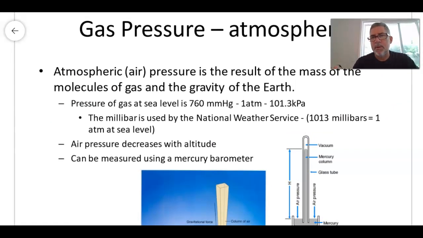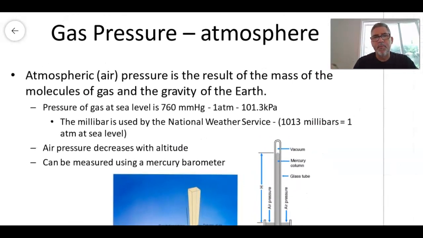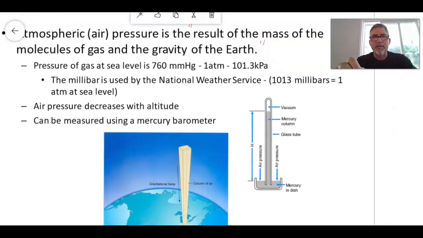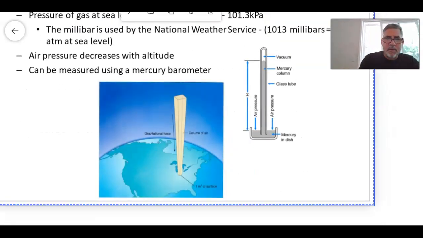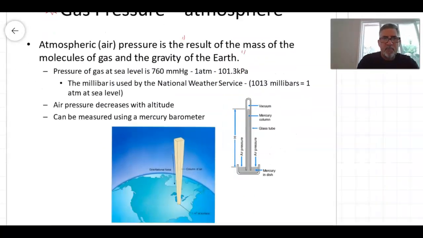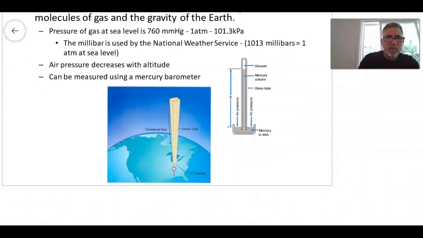For the most part, we'll talk about gases in closed containers, but atmospheric pressure you have to know about. Atmospheric pressure is the result of the mass of the molecules and the gravity of Earth. If you were sitting down here on the Earth, atmospheric pressure is the sum of the mass of all the gas standing on top of you, from you to the top of the atmosphere.